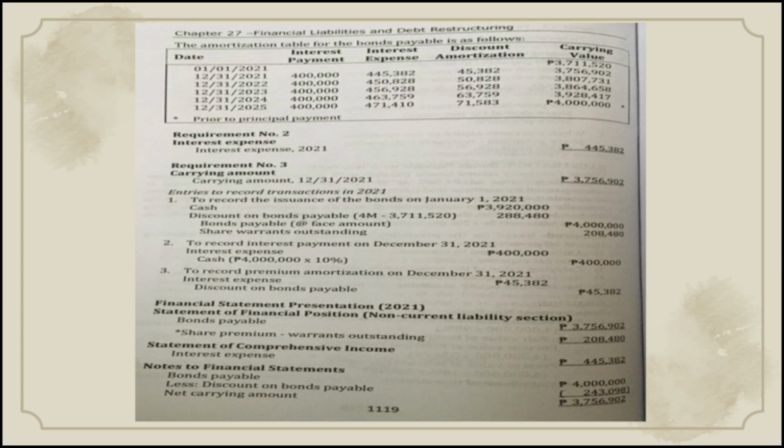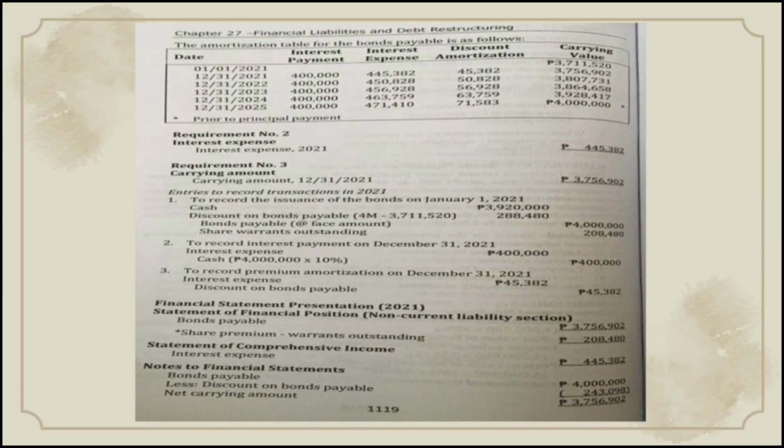So ang atong carrying value is 3,711,520. Mao ni siya ang fair value of bonds nga katong without warrants. So ang carrying value nga 3,711,520 is atong i-times sa 12% nga interest rate sa katong mga without warrants. So mao na siya ang interest expense nato sa December 31, 2021.